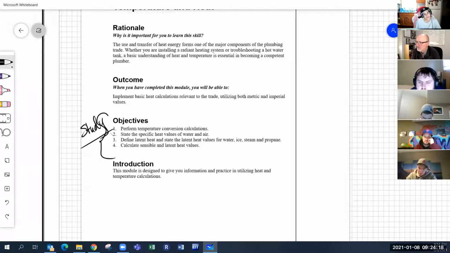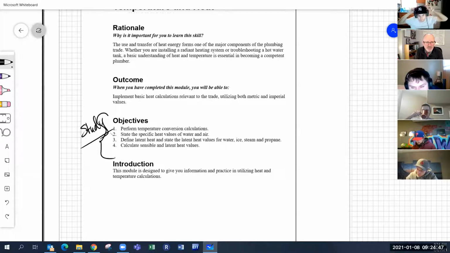The objectives are going to tell you what you need to know. All right. So that's the way you study these ILMs, look at the objectives, and then go through it. Now, there's a lot of information in these books, as you well know. So take your time and look at the objectives and then go through it. Okay, that's what we need to know.